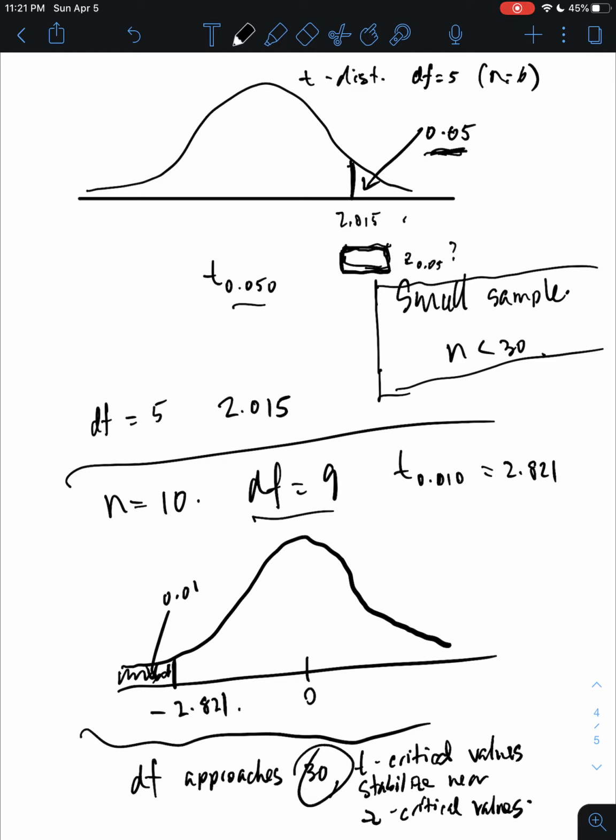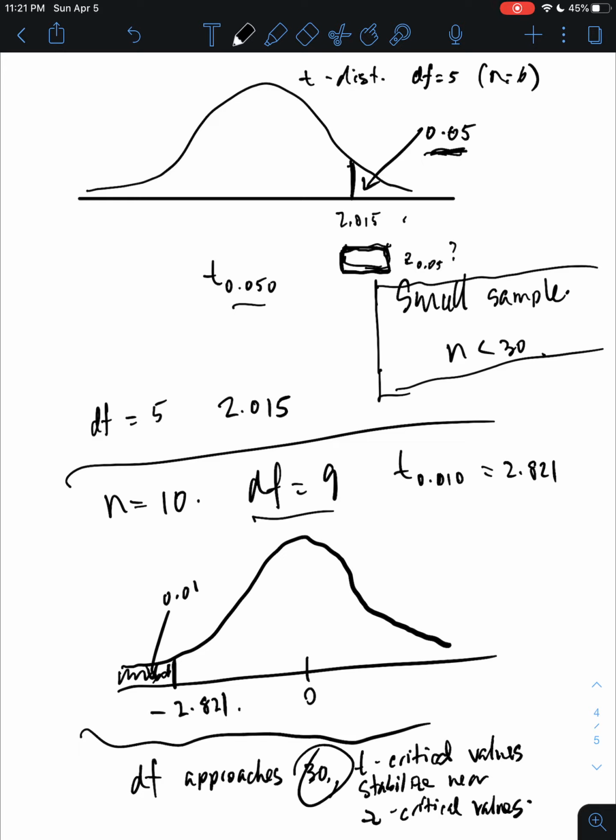That is where the magic number 30 comes from. So in reality, we should always use the t distribution. We would not be wrong if we always use the t distribution. But we find that there's little practical difference between t and z at around 30 degrees of freedom. So that gives us license to use the simpler z distribution when we have a large sample.